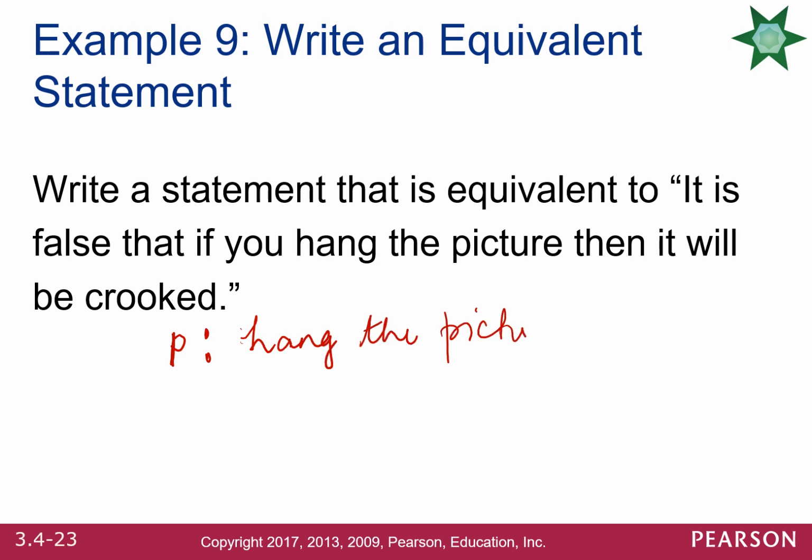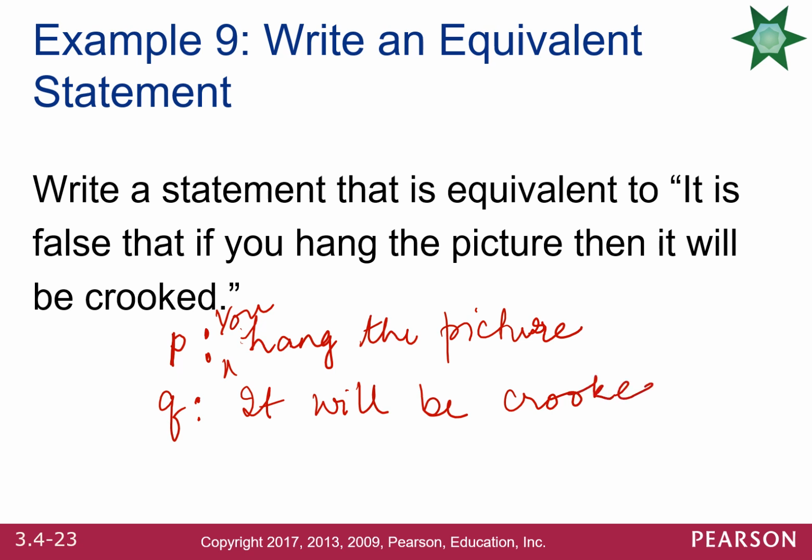That's one statement. And Q is that it will be crooked. So these are the two simple statements that we could extract from the compound statement given. Now let's put this in symbolic form.